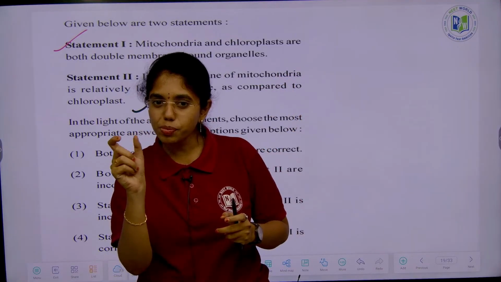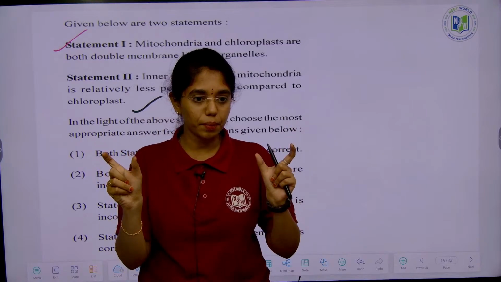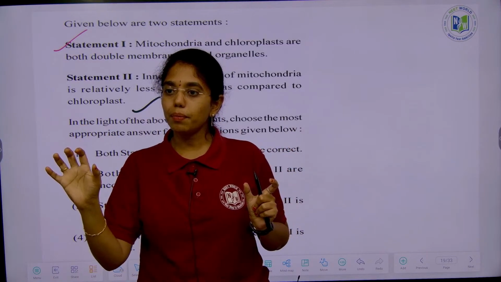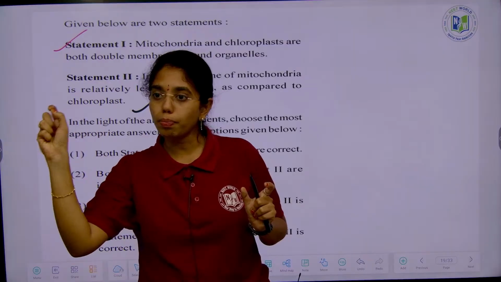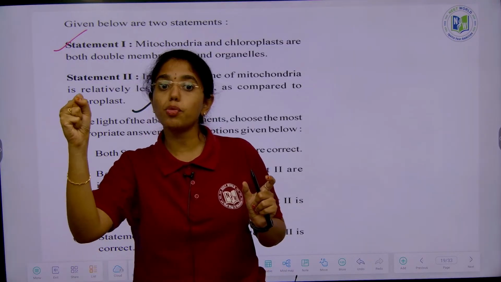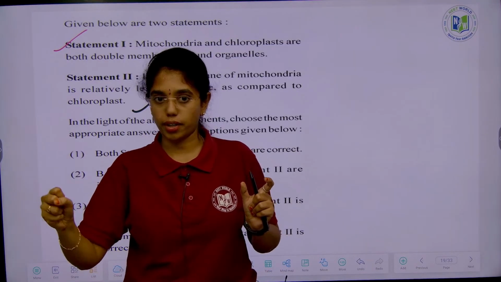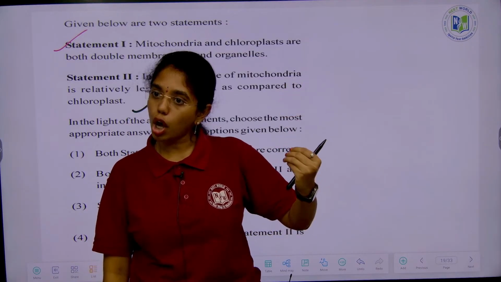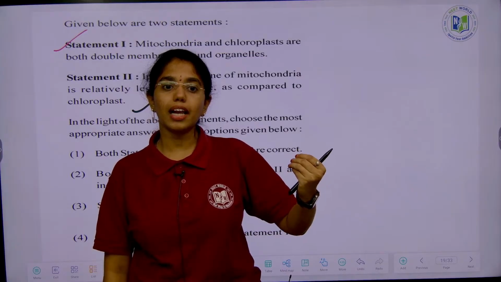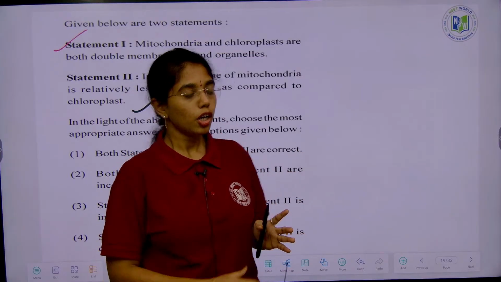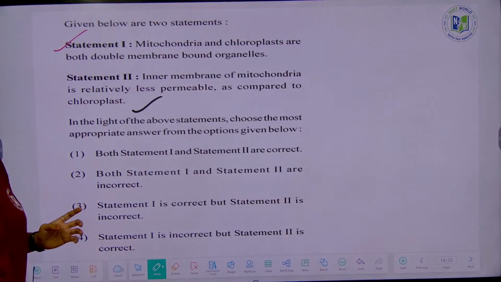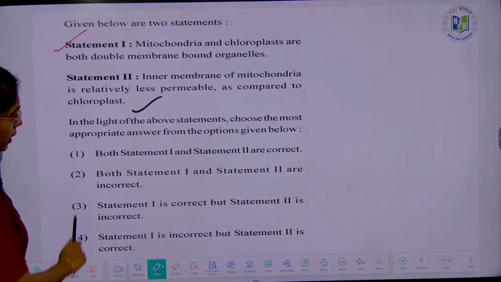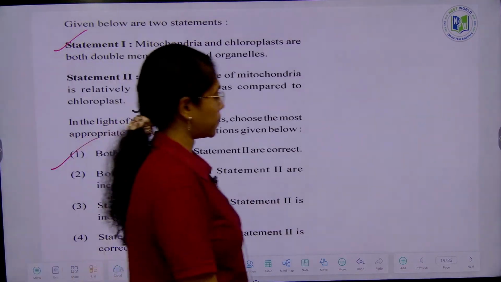The key difference: selectively permeable means it will select which solute particles or ions, which molecule to enter and which to not. Semi-permeable will easily allow the solvent particles and it will not allow the solute particles, right. So statement 2 is also correct. So 1 and 2 both are correct, right. Next.